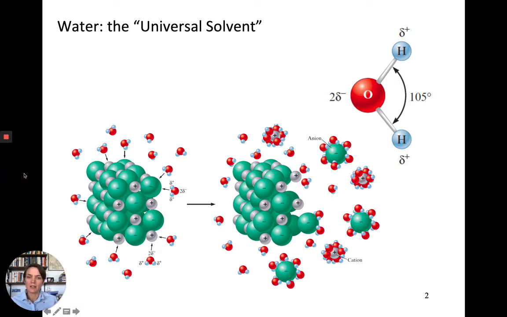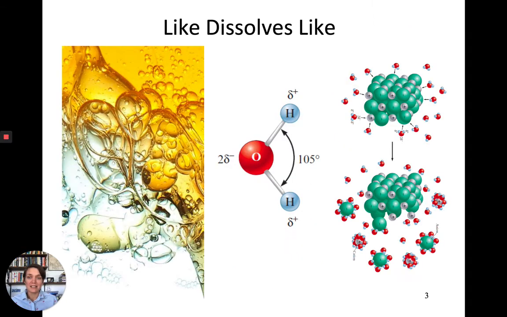Okay, so why is that in quotes? Well, because if it is not a polar molecule, water will not dissolve it. So here we have oil, and we all know that if you took a glass of water and just decided that you wanted to add some olive oil to it, I don't know, why not?